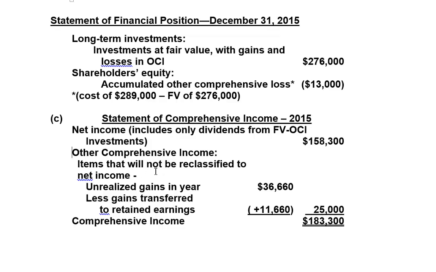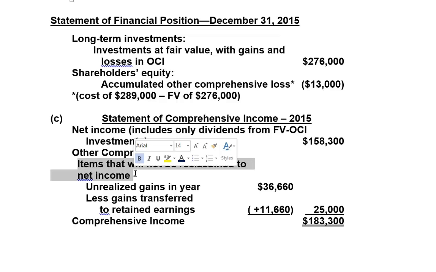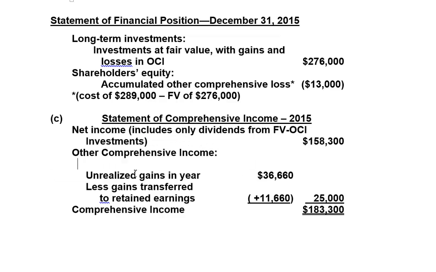Okay, so now what have I got there? I've got items. Okay, I'm just going to remove that so it doesn't confuse you. I booked into OCI this year, because again, I'm only in 2015, $36,660. Now, where did I get that?